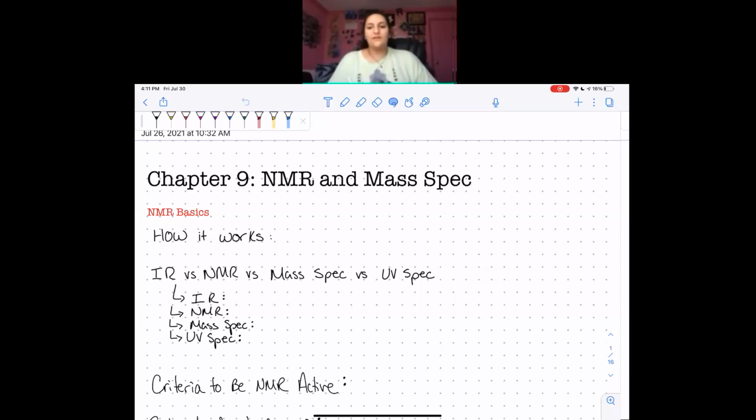All right, so I figured we would start all the way at the beginning because it has been a hot minute since we did NMR. So basically, NMR has to do with magnetism, spin states, things like this.